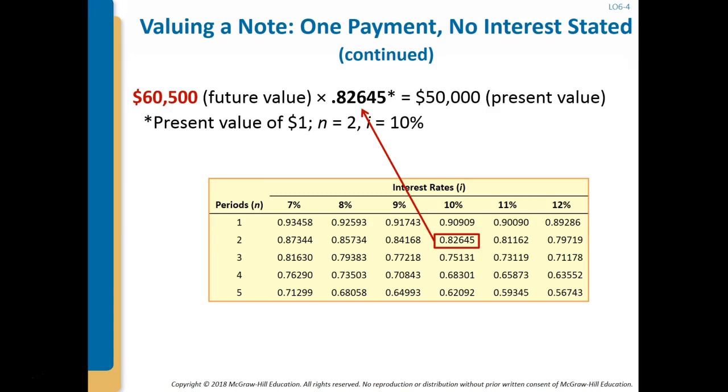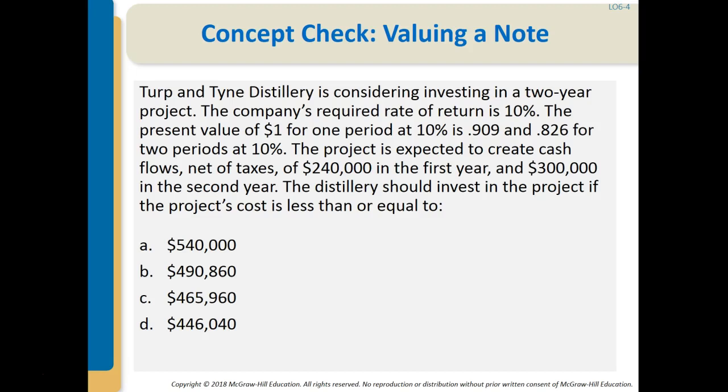So the 0.82645 is the present value factor of a dollar at 10%, column in row 2. Both the note receivable for Stridewell and the note payable for Harmon initially will be valued at $50,000. The difference of $10,500, which is the $60,500 minus the $50,000, represents interest revenue or interest expense to be recognized over the life of the note.